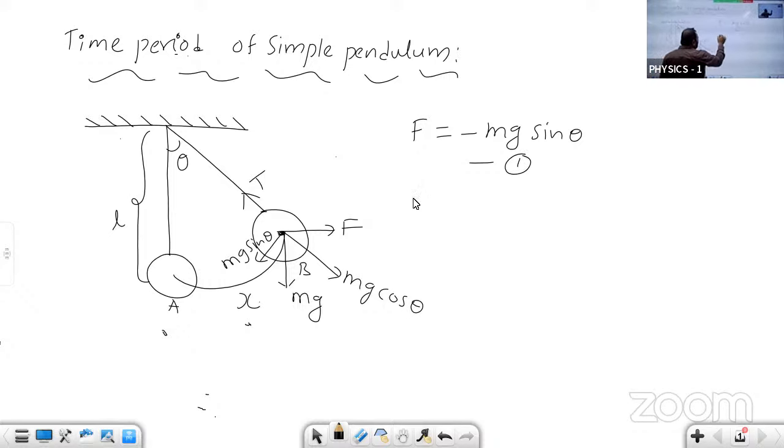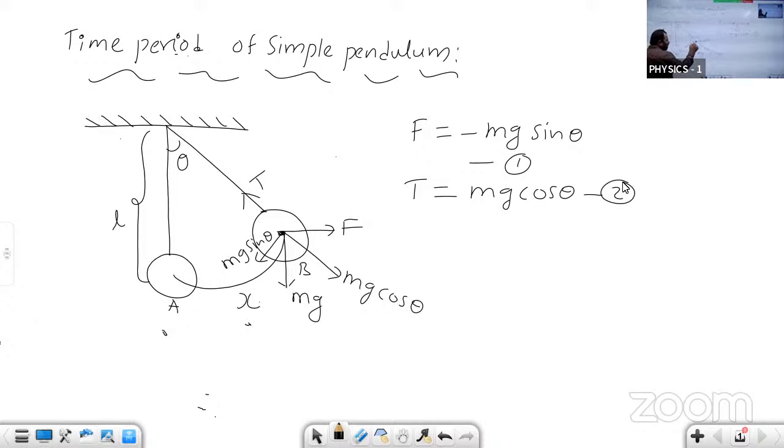One more component: upward force T, downward mg cos theta. So, tension and mg cos theta both balance each other. Our topic is F equals mg sin theta. Why are we taking mg sin theta?